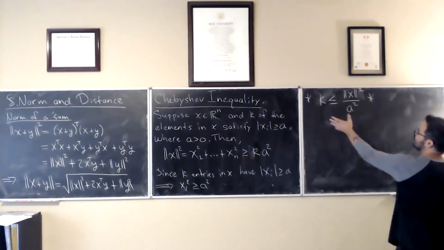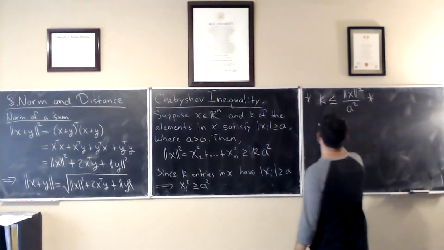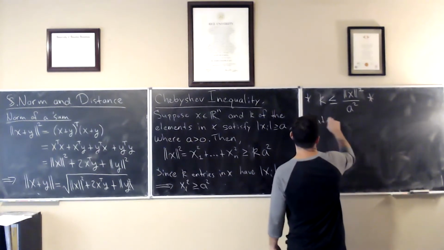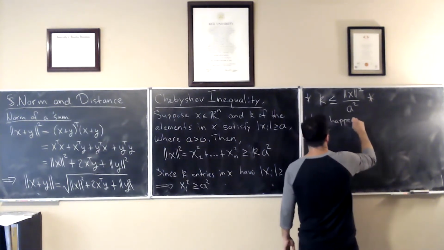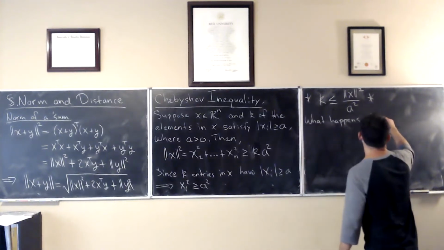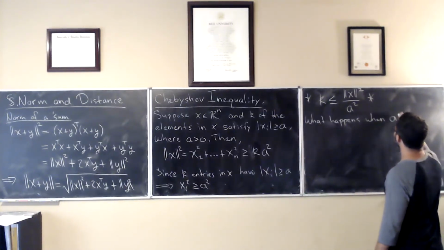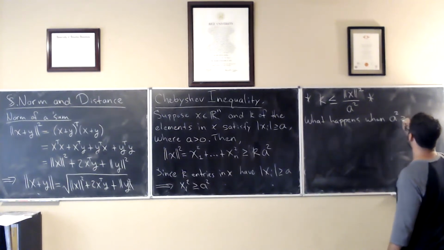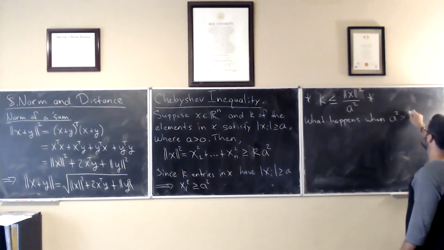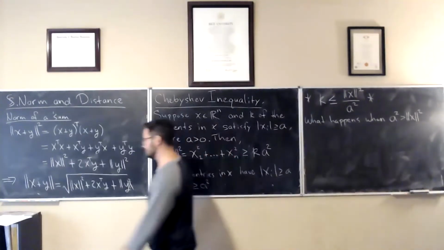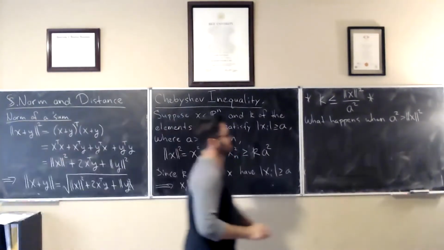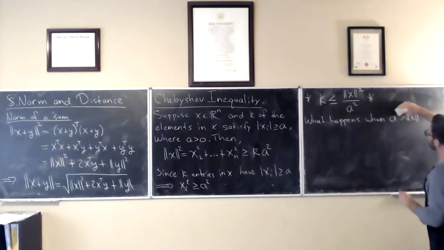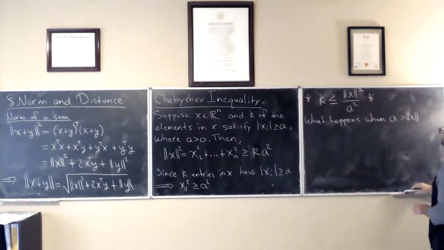So what happens when a squared is greater than the norm squared? Or maybe I should say this. What happens when a is strictly larger than the norm?